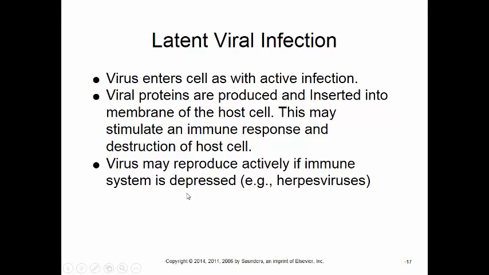But if the virus does not, it's called a latent infection. The virus may reproduce actively if the immune system is depressed. A latent viral infection is dormant until it can go into an active infection. So it lays dormant, latent.